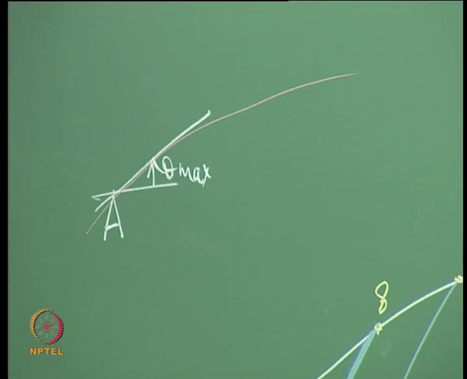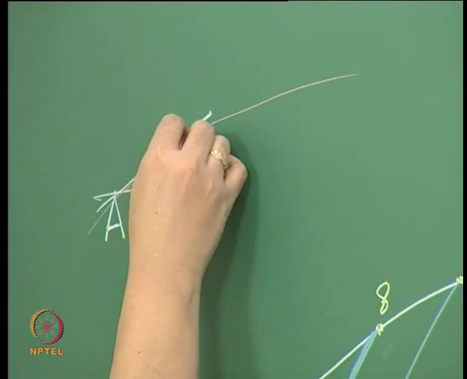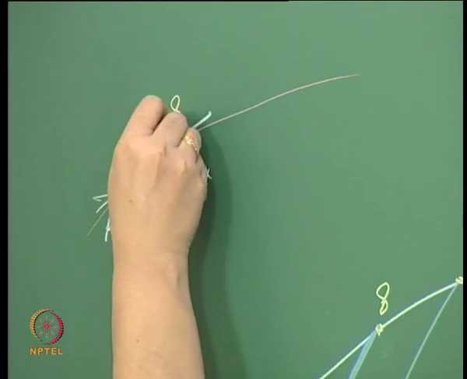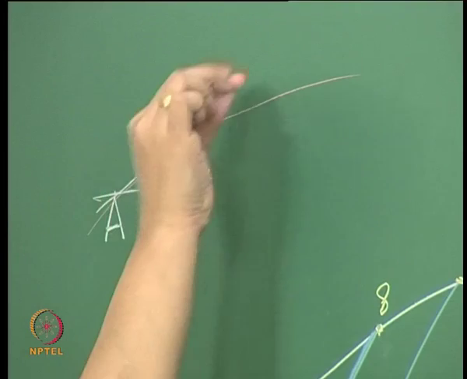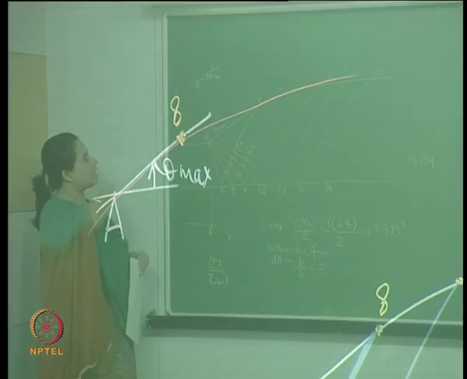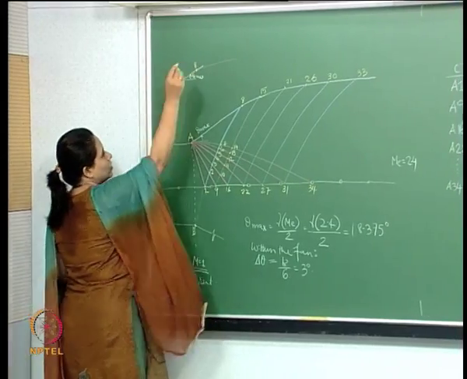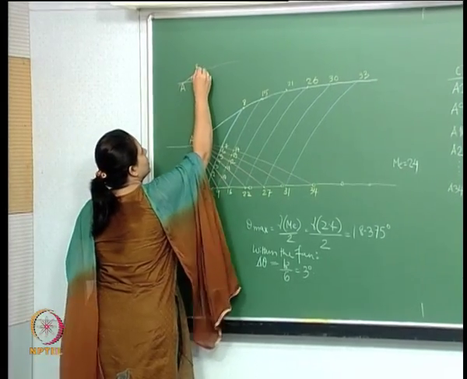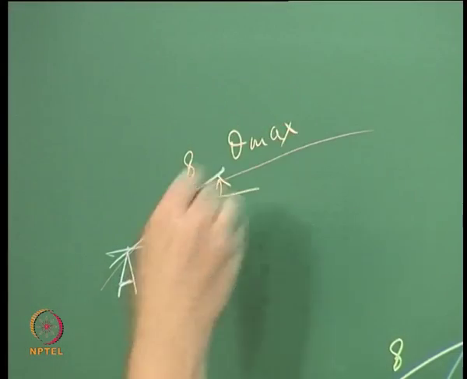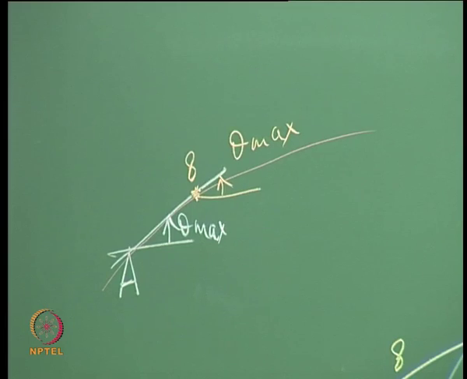So I will take a point, in this case point 8, which lies on the same tangent which goes through A. We connect A and point 8 by a straight line, which means that this angle is also theta max.